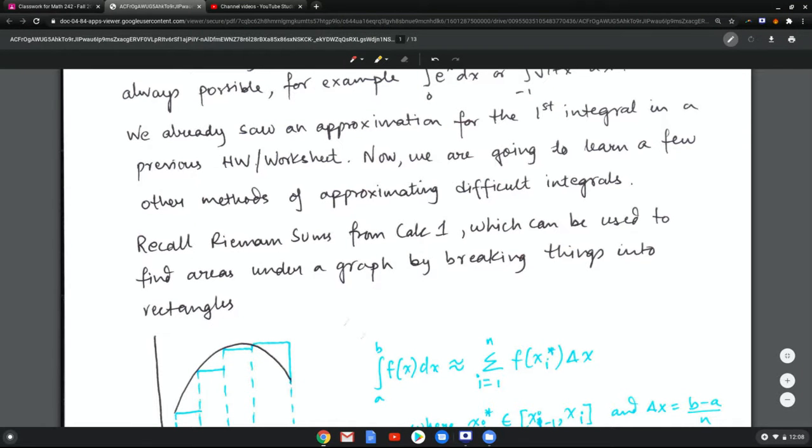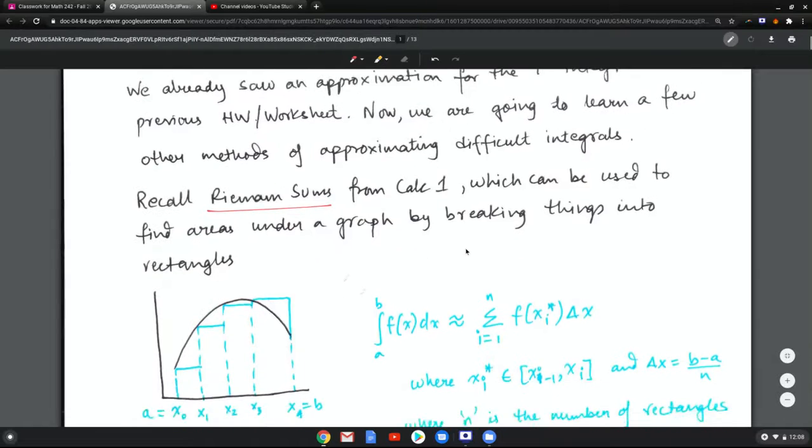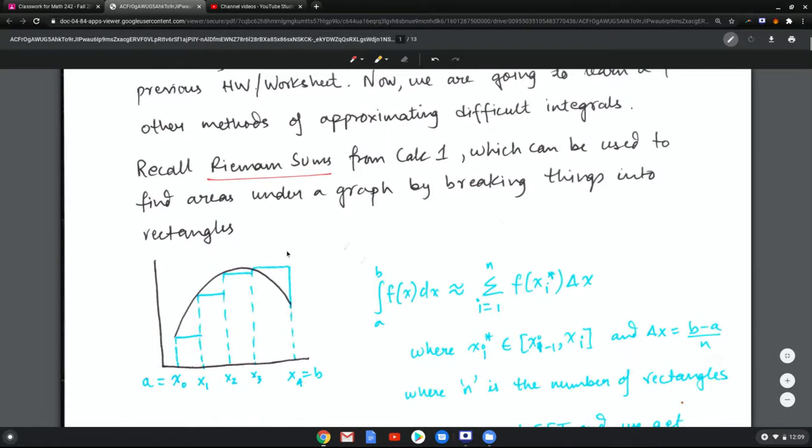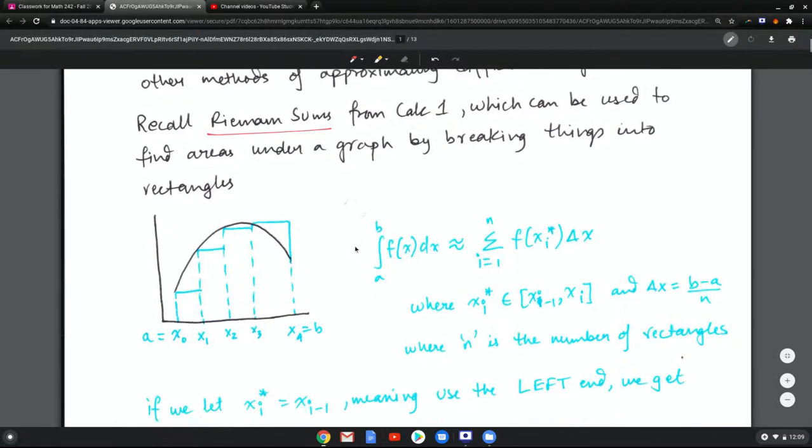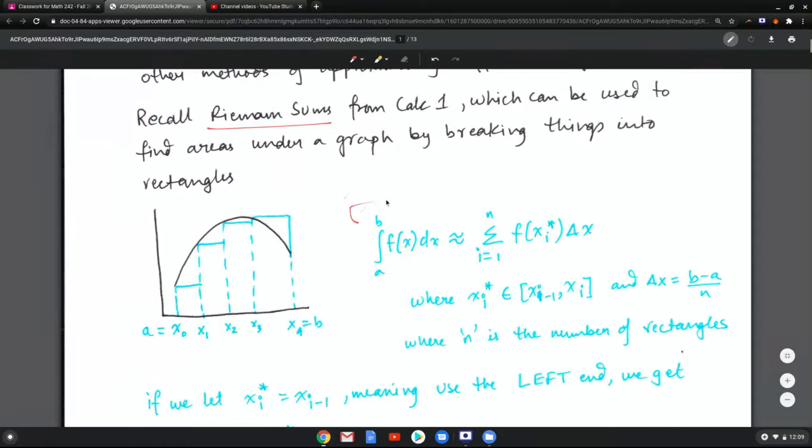In order to learn these methods, we need to recall something from Calc 1 called Riemann sums. So the basic idea was that you can find the area under a graph by breaking things into rectangles. Now we say that this integral is approximately equal to the summation of f of xi star, which is the height, and delta x, which is the width.